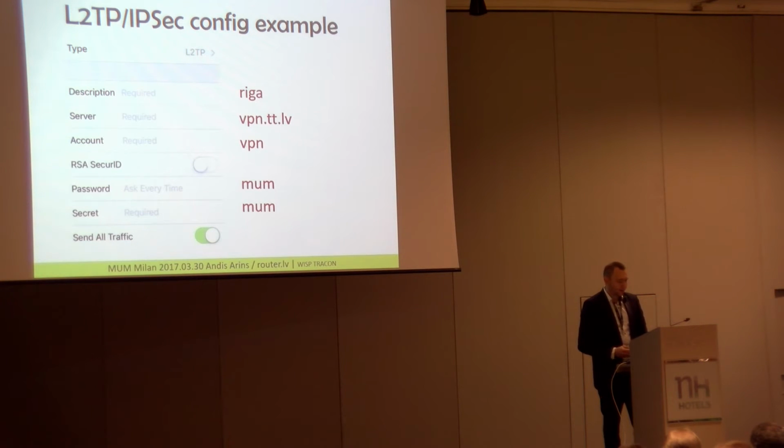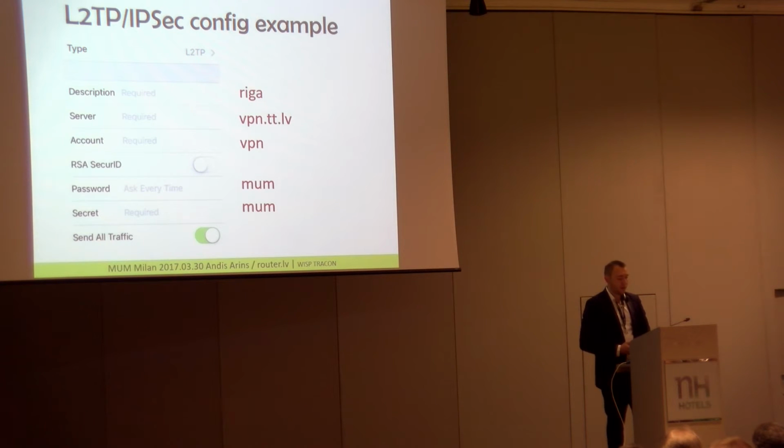So here, the description can be anything you like. I put Riga, as the tunnel will be made over Europe to Riga. The server has to be vpn.t.lv. It's a domain which resolves to the VPN server at that side. It's not ready yet. We will configure it together.